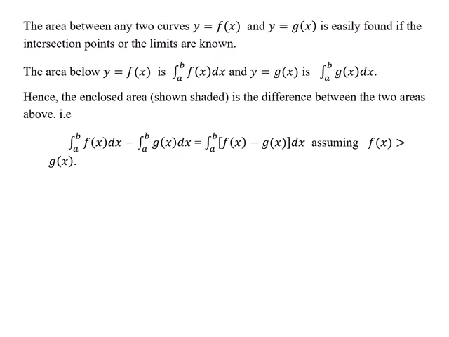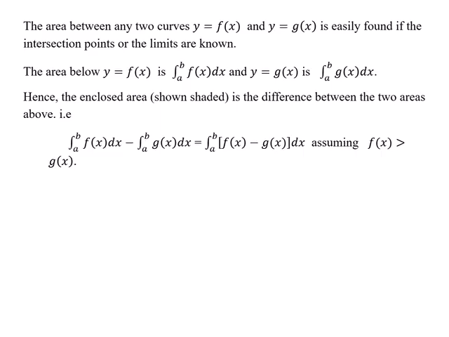Hence, the enclosed area shown shaded is the difference between the two areas above. That is, integral f of x dx from a to b minus integral g of x dx from a to b. The one above has to be greater than the one below.